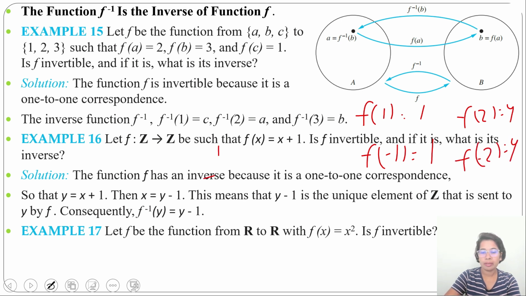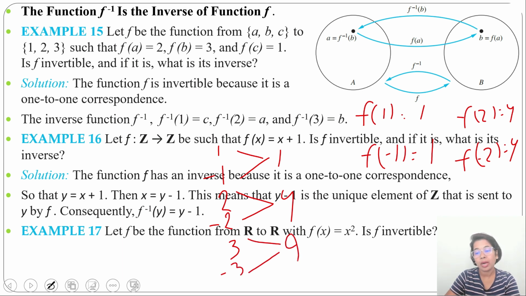So 1 and minus 1 both map to 1, 2 and minus 2 both map to 4, 3 and minus 3 both map to 9. So this is not a one-to-one function. As this is not a one-to-one function, it is not invertible. Not one-to-one means not a one-to-one correspondence, hence it is not invertible. We cannot find the inverse of it.